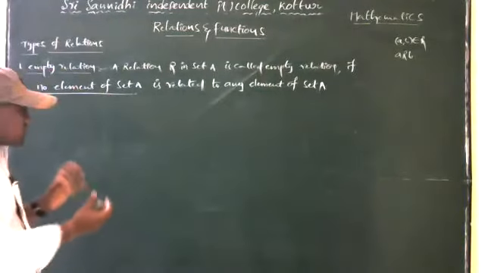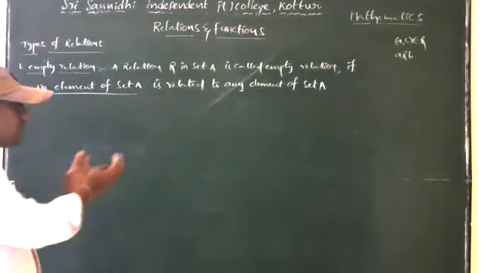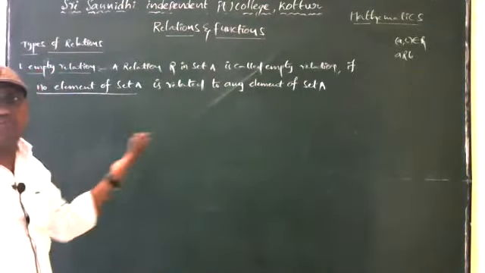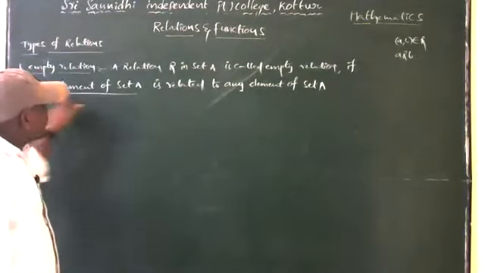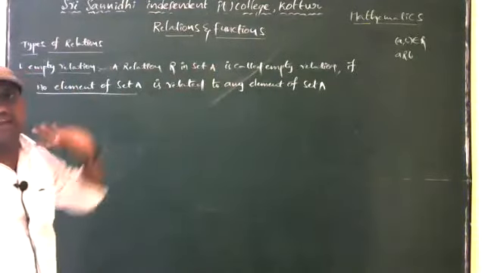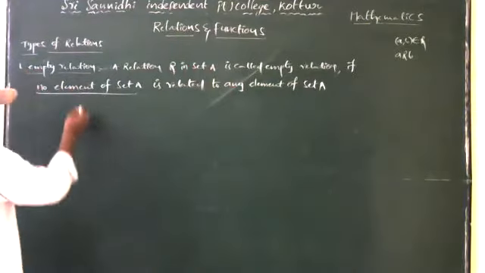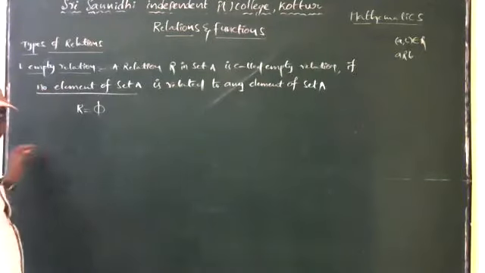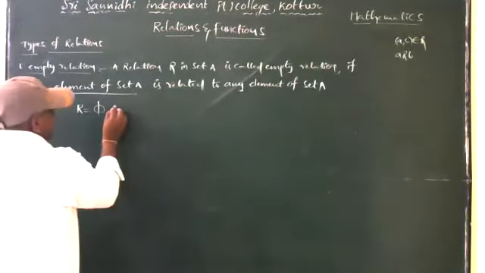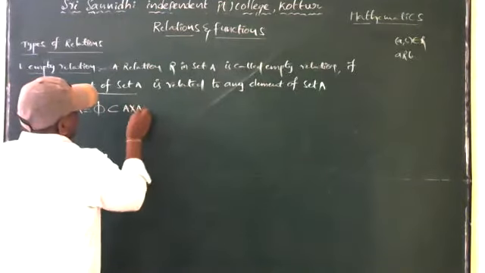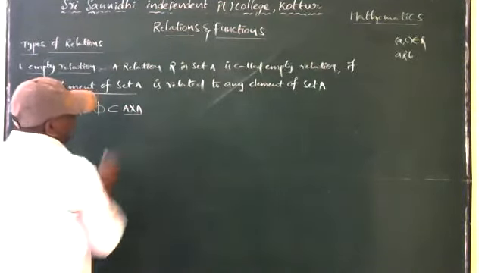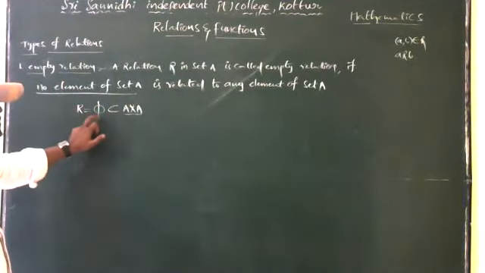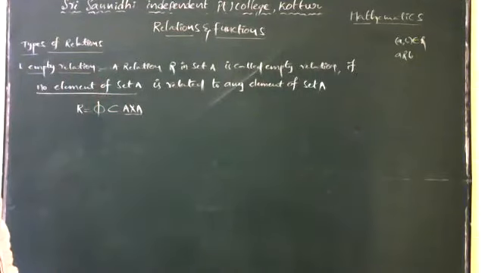See, no element of set A is related to any element of set A. That means elements of set A cannot be mapped to elements of set A. Here no element of set A is related to any element of set A. That means here we write the relation R is equal to phi, the empty relation, when we take the subset of A cross A. So by taking the Cartesian product A cross A, no element is related, no element is in the relation.